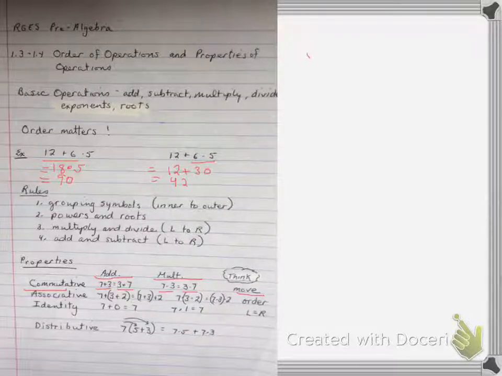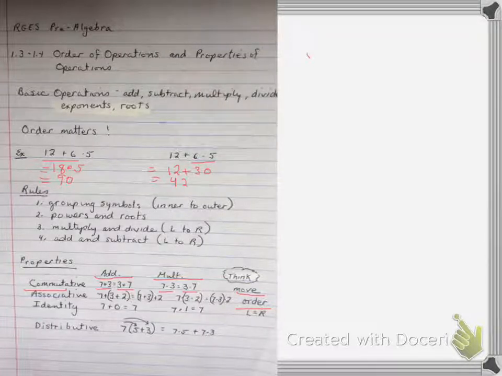When I think associative property, I do not want to change the order of the numbers themselves, like I did up above in the commutative property. I don't switch the actual order on paper, but what I do is switch the order in which I do the operation.